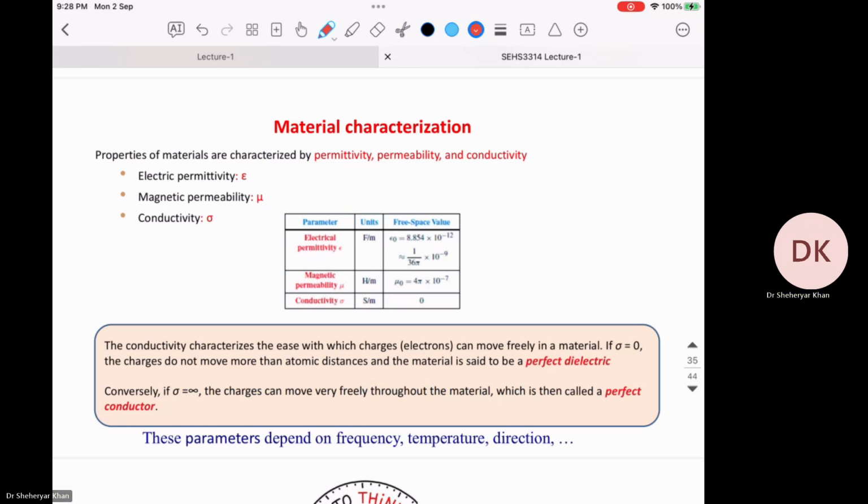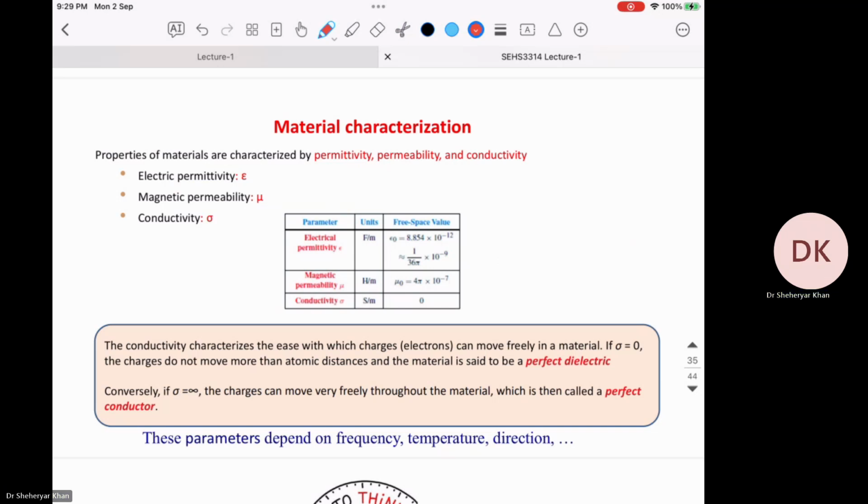Conductivity. What is conductivity? Flow of current. So the first is electric field, another is magnetic field, and the third is current. If a material is good at conduction, we use conductivity, Siemens per meter.